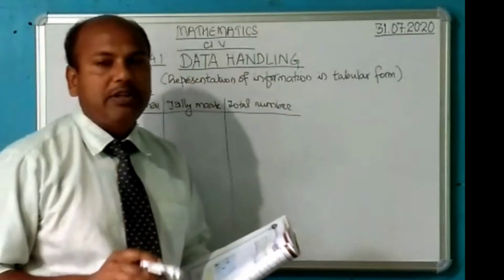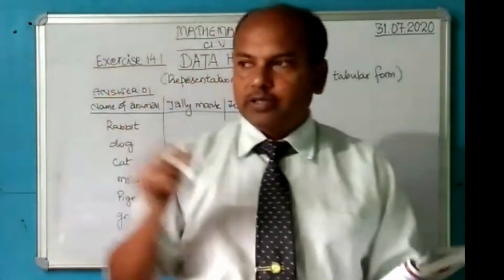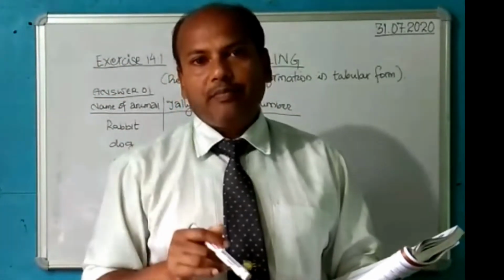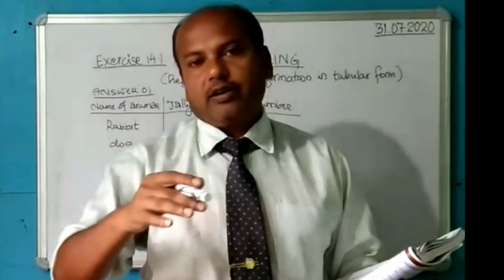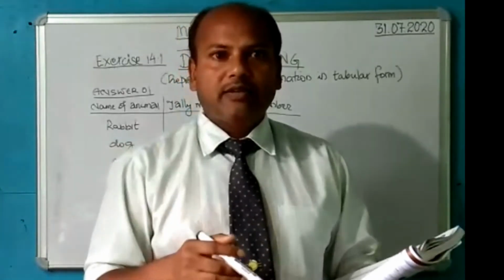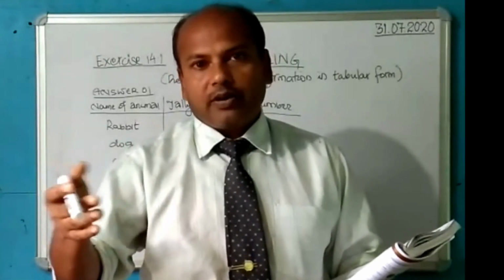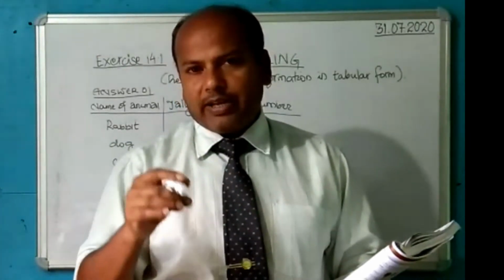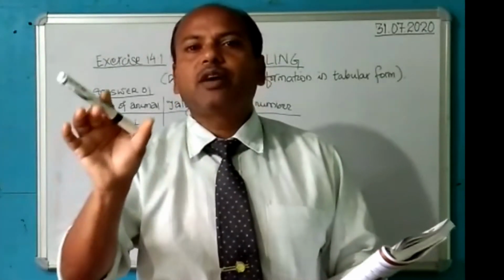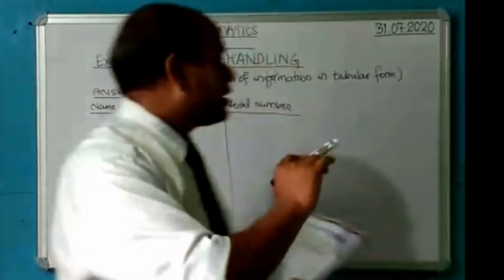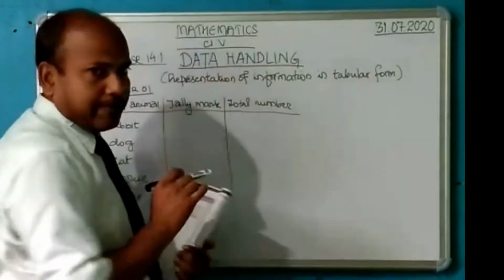Say for an example, you have got a few pairs of pigeons, doves, goats, lambs, and other birds, hen, pigeon, sparrow, a few number of these birds and animals. And if you are asked to convert this in terms of a table and draw a conclusion out of it, here you will require the concept of data handling.